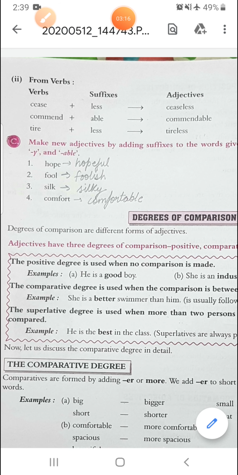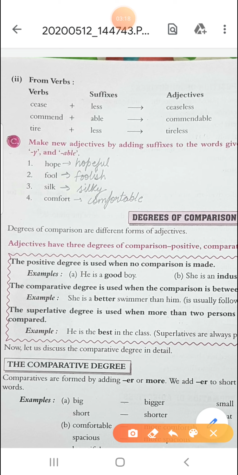Now let's read our second topic, that is from verbs. Last we formed adjectives from nouns, but here we will form adjectives from verbs. Here you can see the first word, cease.